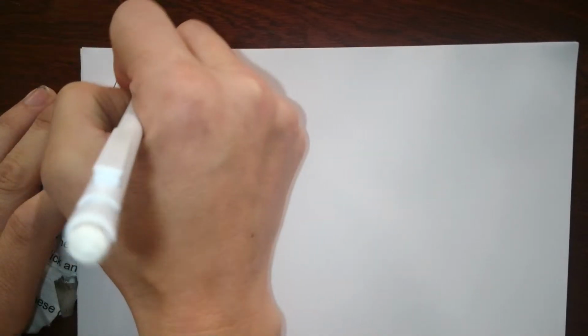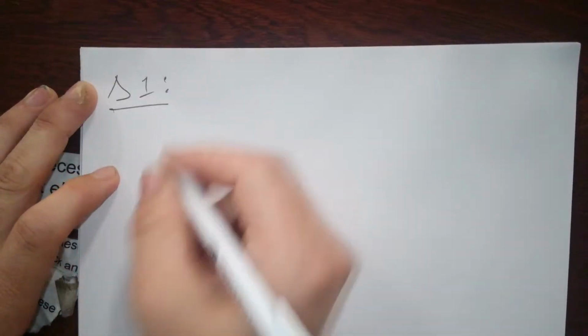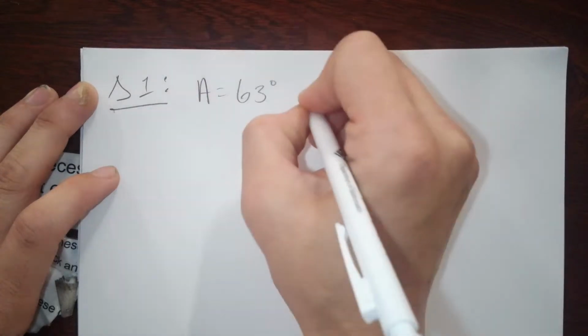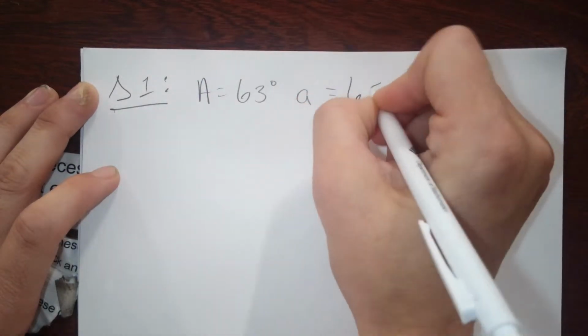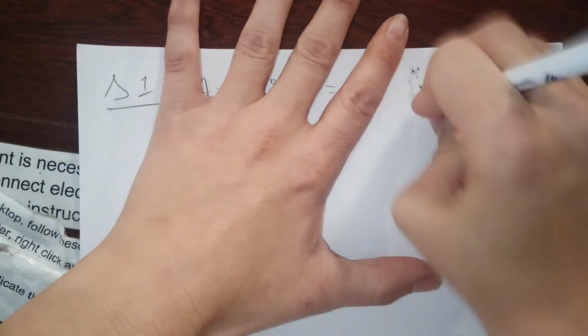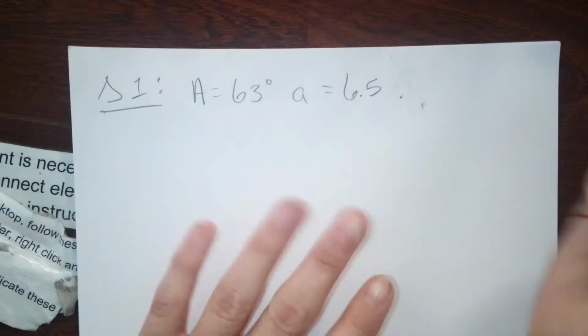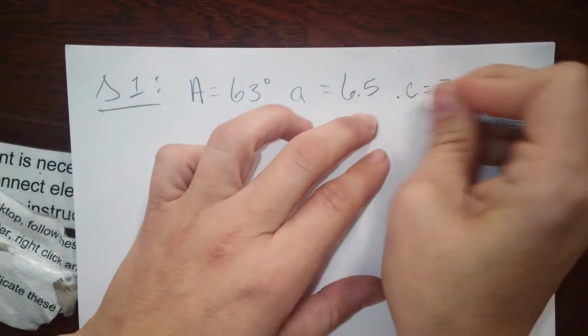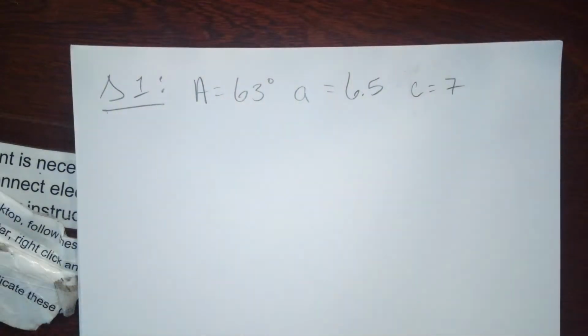All right. So triangle 1. Always starting with my given information. Angle A is 63 degrees. Side A is 6.5. Side C, let me fix that. Side C is 7. All right. What's the first thing I do?